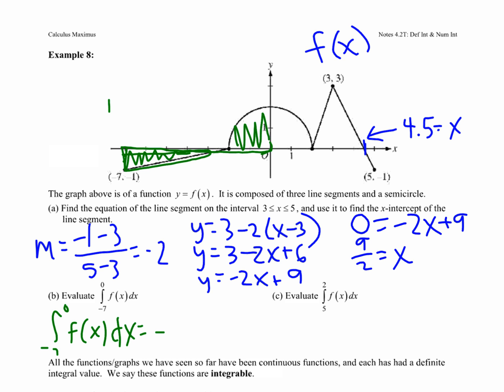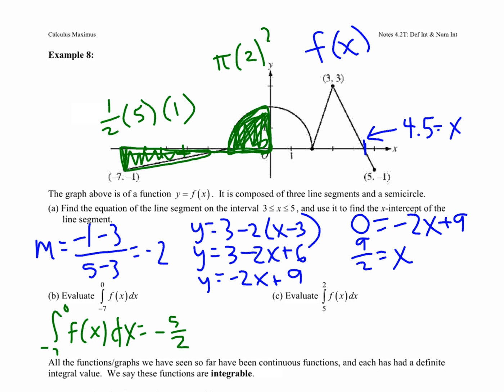So that would be what? 1/2 times 1, 2, 3, 4, 5, times a height of 1. So it'd be negative 5 halves. And then we need the positive area of this. So the area of a circle is pi times the radius squared. But this is only a quarter circle. So it looks like that would be plus pi.